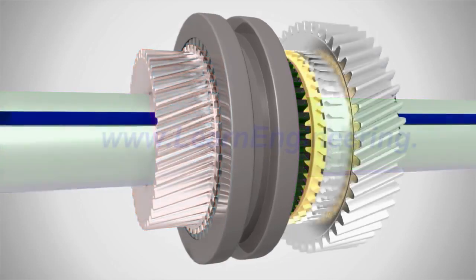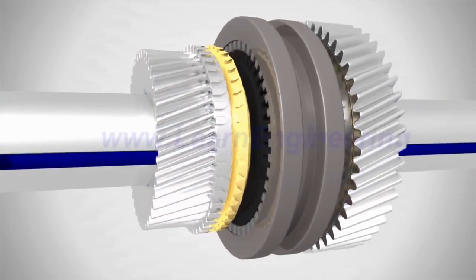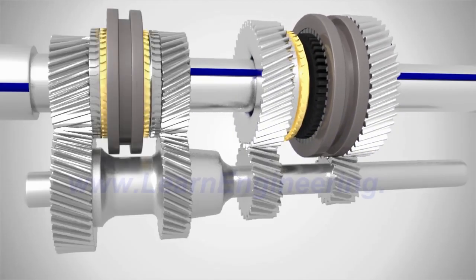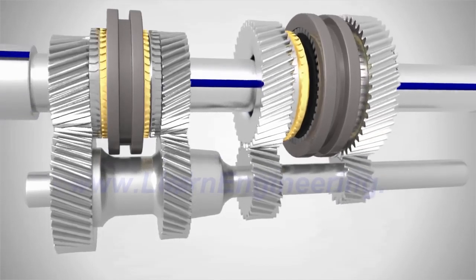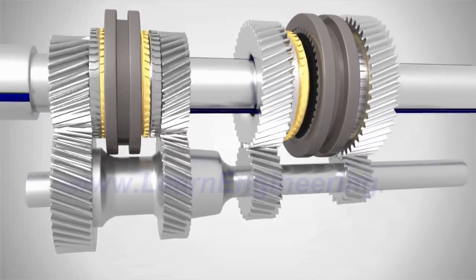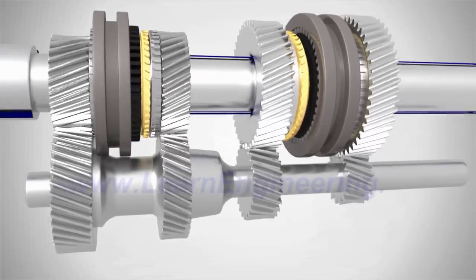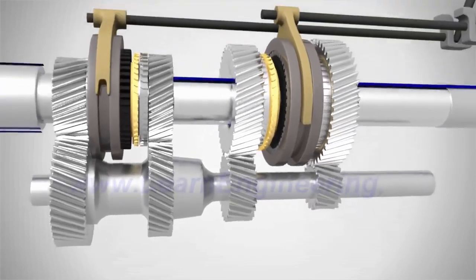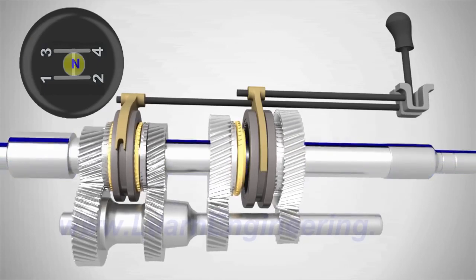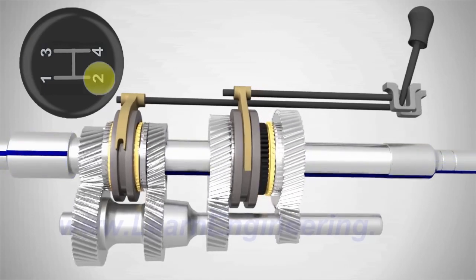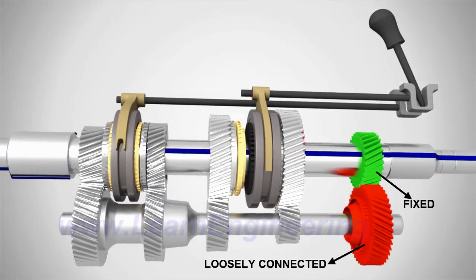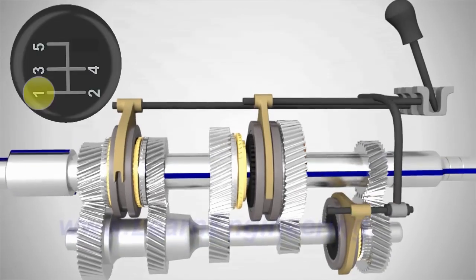The same mechanism is employed to shift to other gears, such as first gear, third gear, and fourth gear. You can also see the gear lever changing mechanism. A fifth gear is used to turn the output shaft at a higher speed than the input shaft.